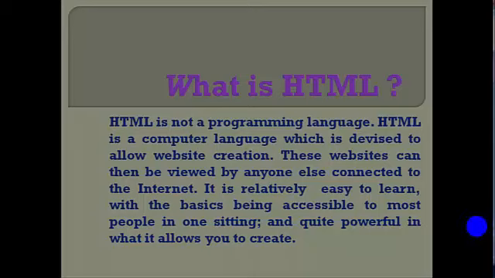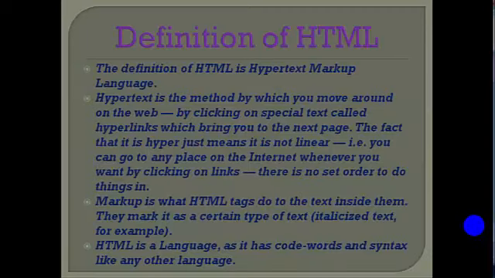Next question is the definition of HTML. Friends, actually HTML has no specific definition. You may call it a hypertext markup language, and hypertext is the method by which you move around on the web by clicking on special text called hyperlinks, which bring you to the next page.